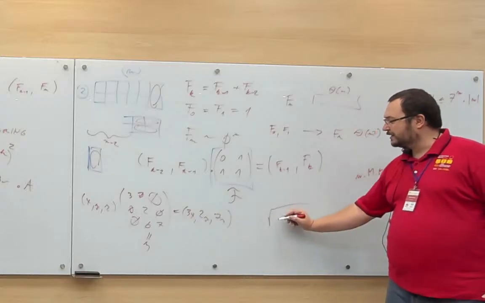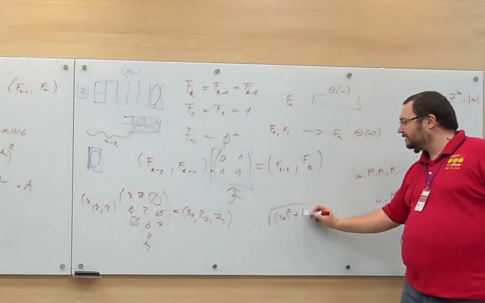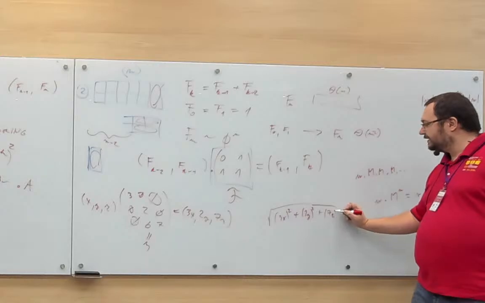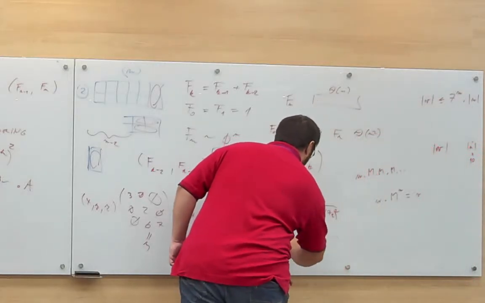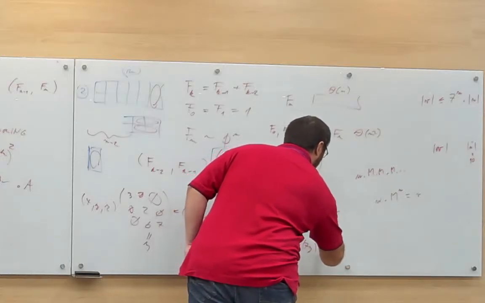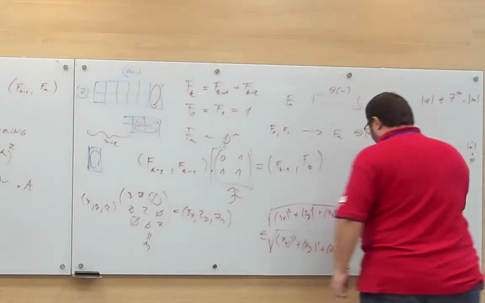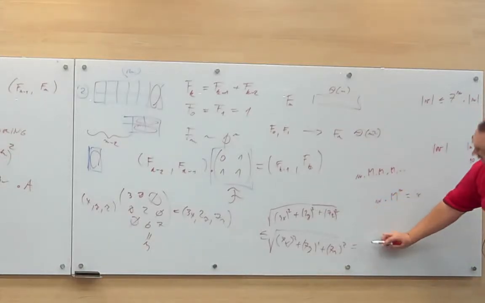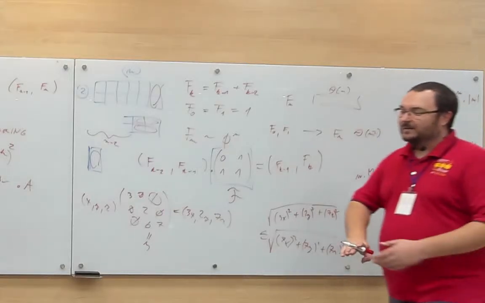The size of the new vector is the square root of 3x squared plus 2y squared plus 7z squared. This is obviously less than or equal to the square root of 7x squared plus 7y squared plus 7z squared, and that would be... I got a factor of 3. I don't want that.